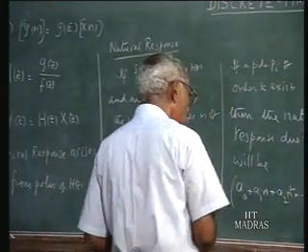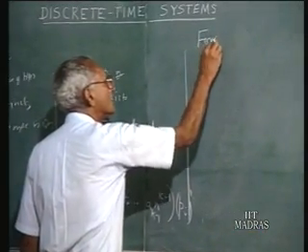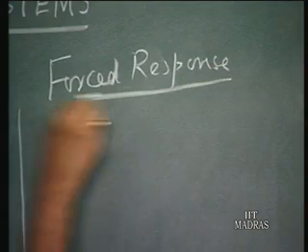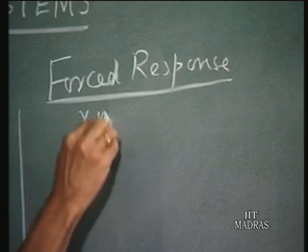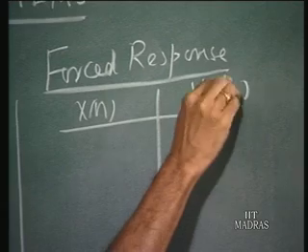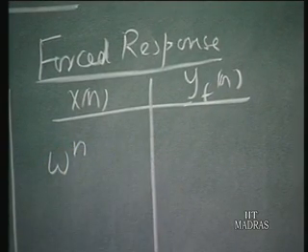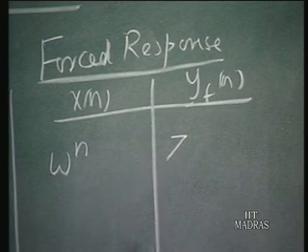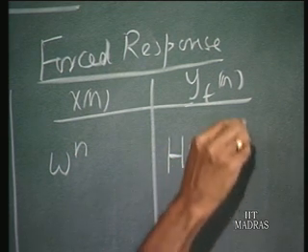Now, let us also look at the forced response characteristics. We have seen that if the input x[n] is w^n, the forced response is of the form H(w) evaluated at w times w^n.